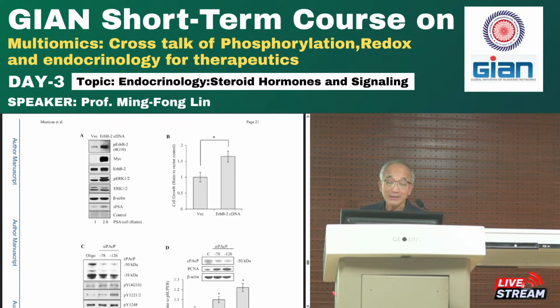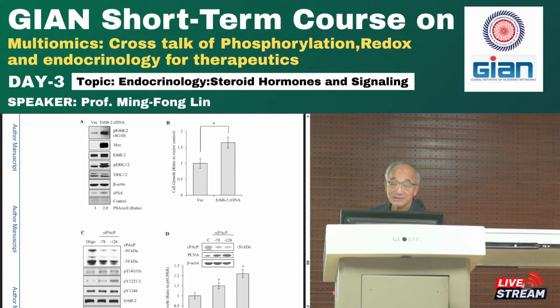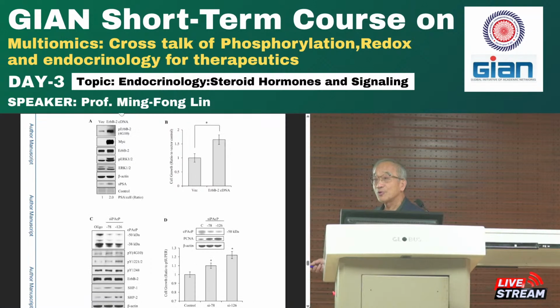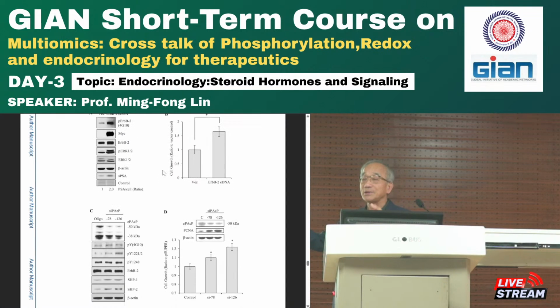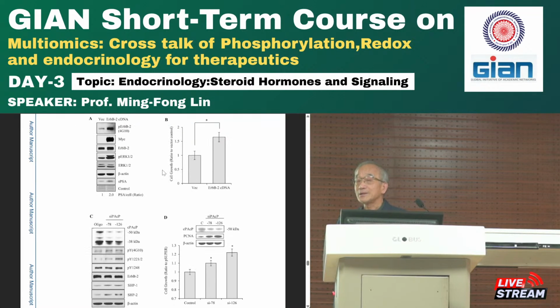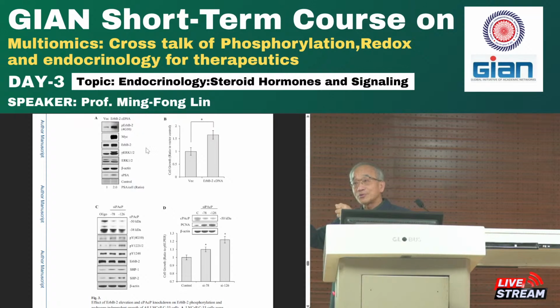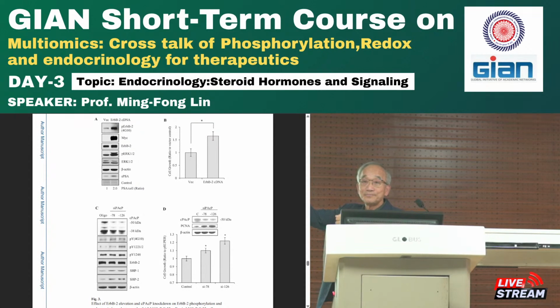Then on the other side, we knock down the PAP. Remember, we just mentioned PAP interacts with ERB2, right? If we inhibit the PAP, ERB2 phosphorylation goes up. If we knock out the phosphatase, the kinase phosphorylation activity goes up.